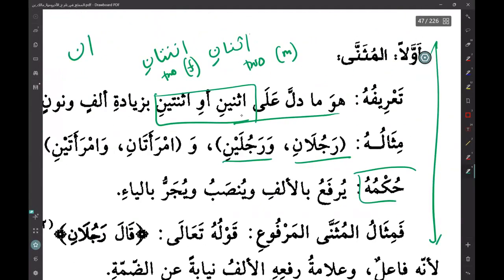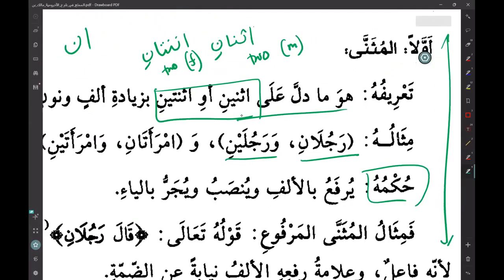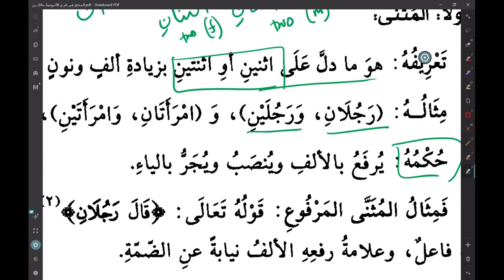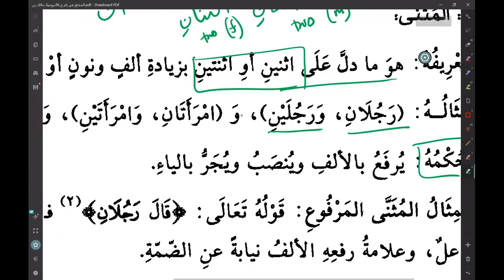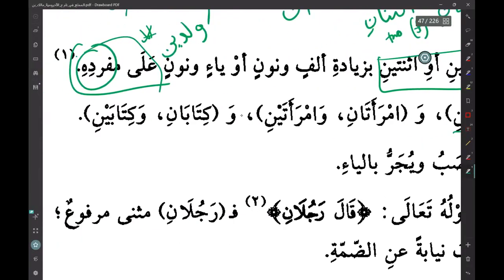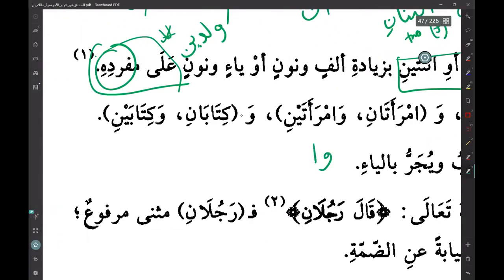So what is the hukum? How do we do the irab? It is yurfa'u bil alif, wa yunsabu wa yujarru bil ya. That means in the raf state, it is in the form of alif: waladani. So this is the form of raf.